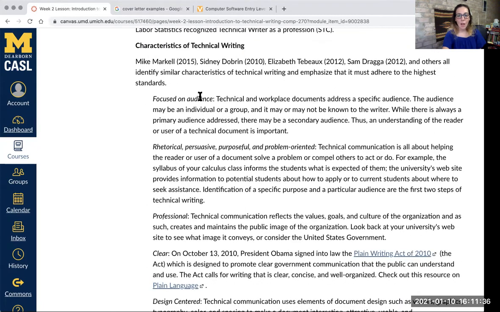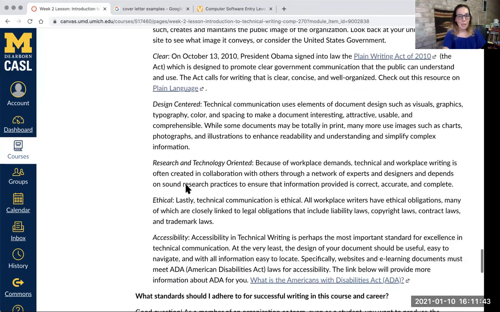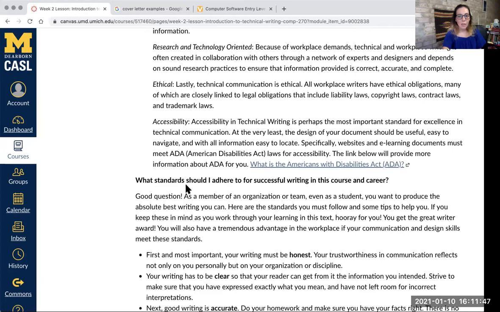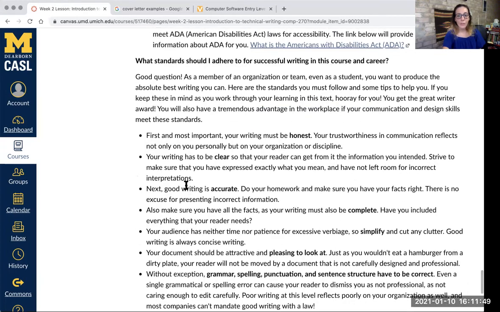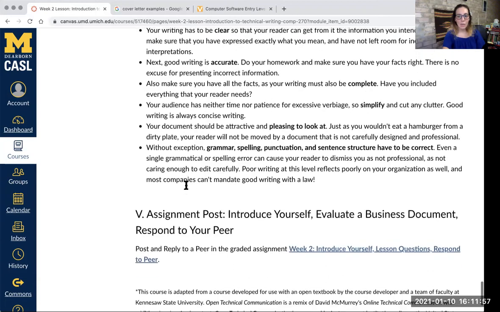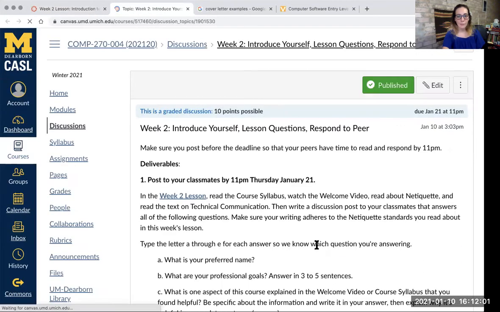You're going to start thinking about audience, purpose, rhetoric, professionality, clarity, design, ethics, and accessibility right up front. We also have these standards here for your conduct in this class, as well as in your career and in other engineering courses. So read these, take notes, and then move on to the assignment.